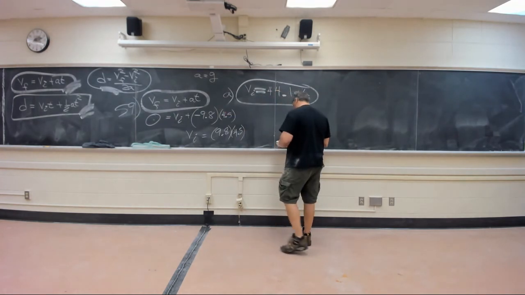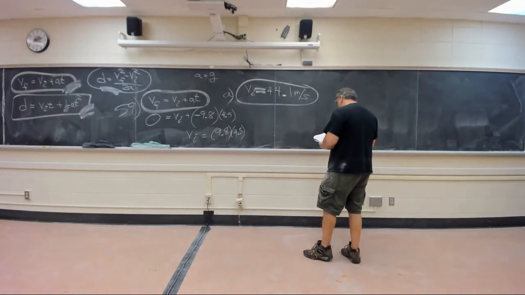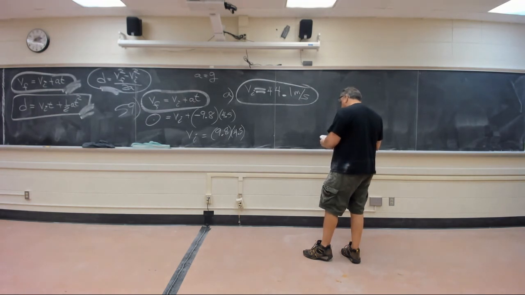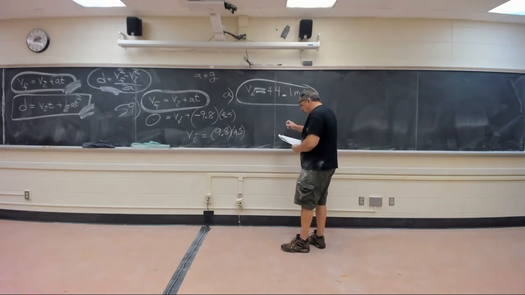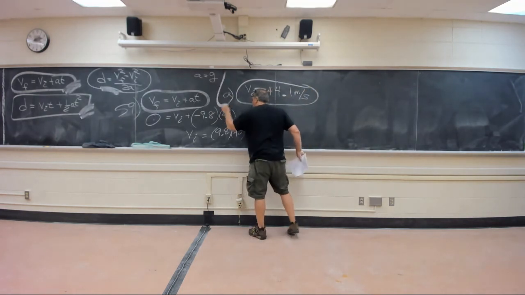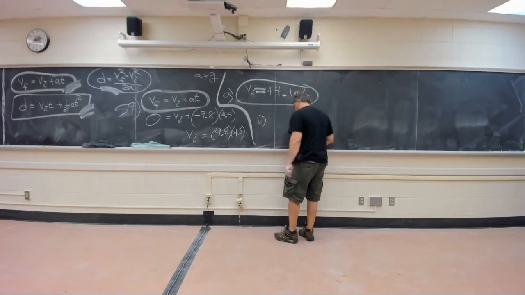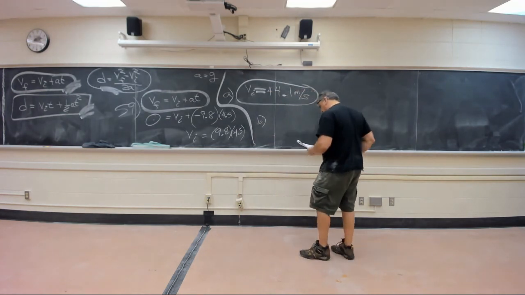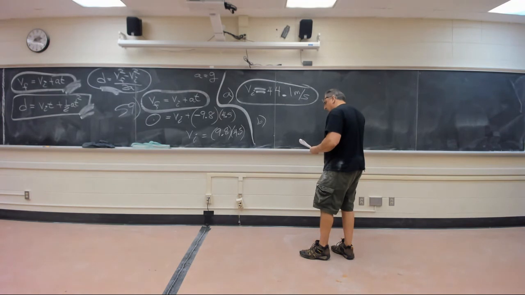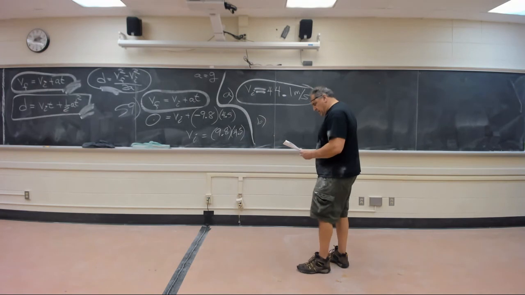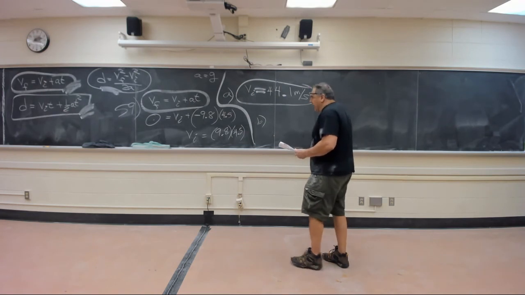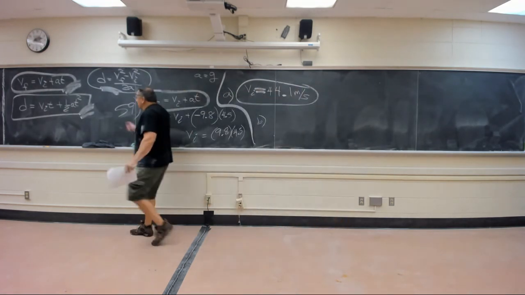How high did it go? Yeah, I'm going to have to tell you. How high it went was, again, this, we said the VI was, right? You can use either one of these, this guy or this guy.